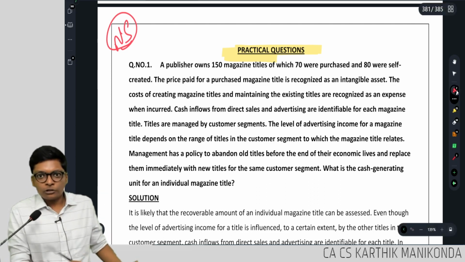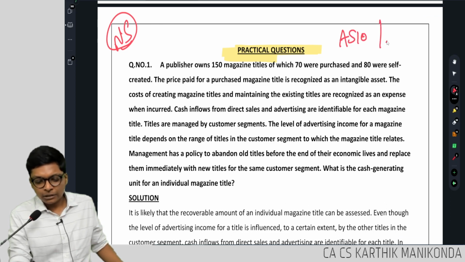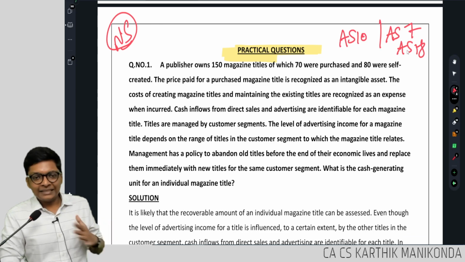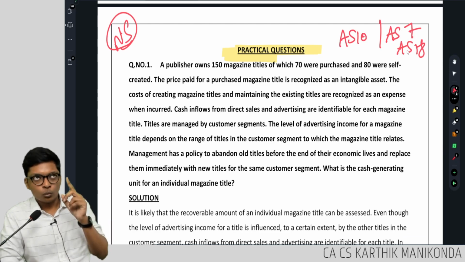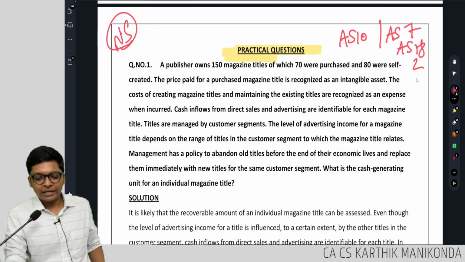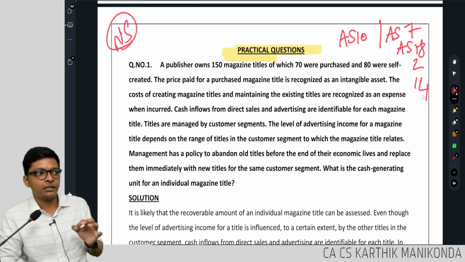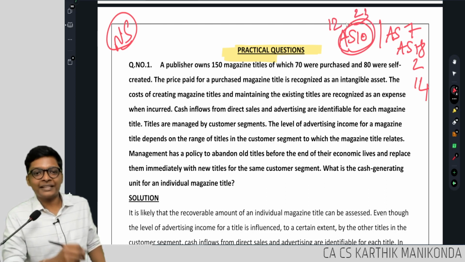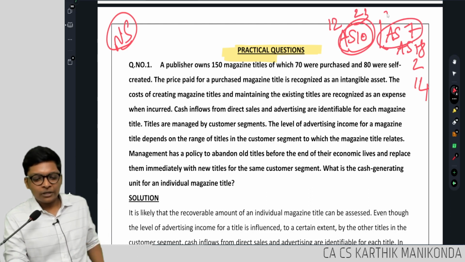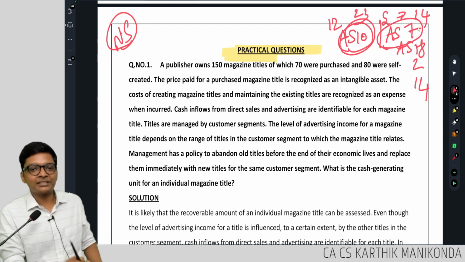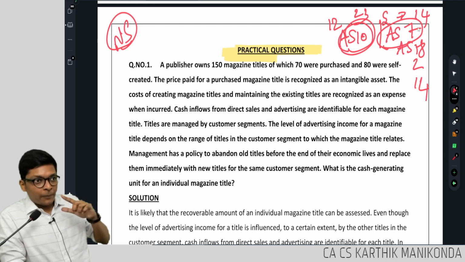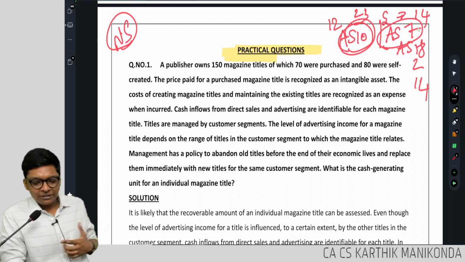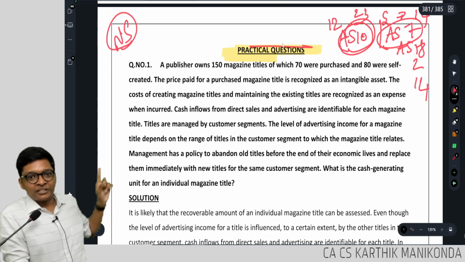Even existing topics like AS10, AS7, AS18: AS18 in the old syllabus book had only 1 or 2 illustrations, now there are 14. AS10 earlier had only 12 sums, now there are 23. AS7 earlier had only 5 sums, now there are 14. So existing topics also have new sums in the form of practical questions.